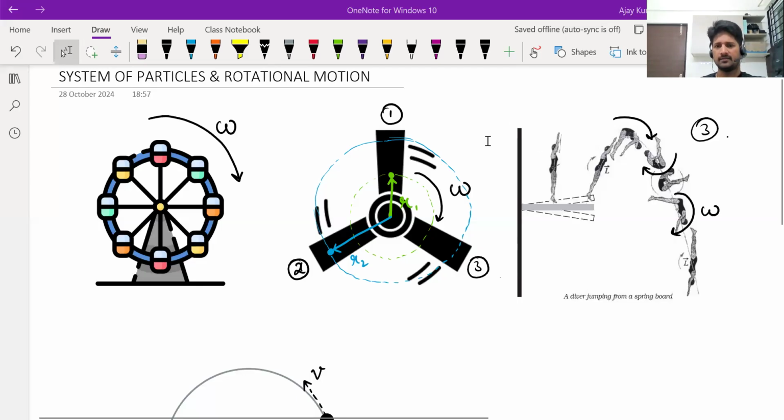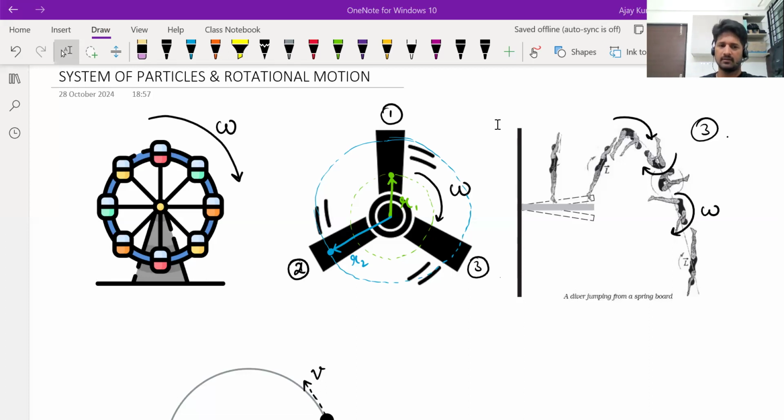Rishi, what do you think? Sir, can you repeat your question? When the fan is switched on or when you rotate the fan, will the time taken to complete one rotation be the same for all three blades of the fan or will it be different?